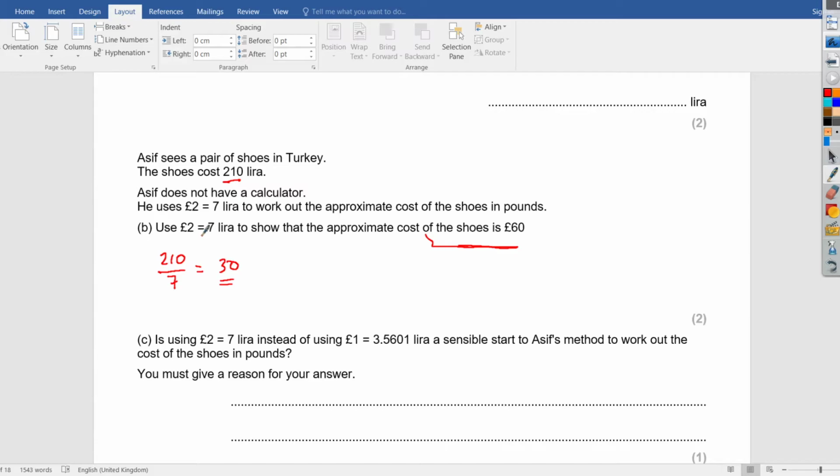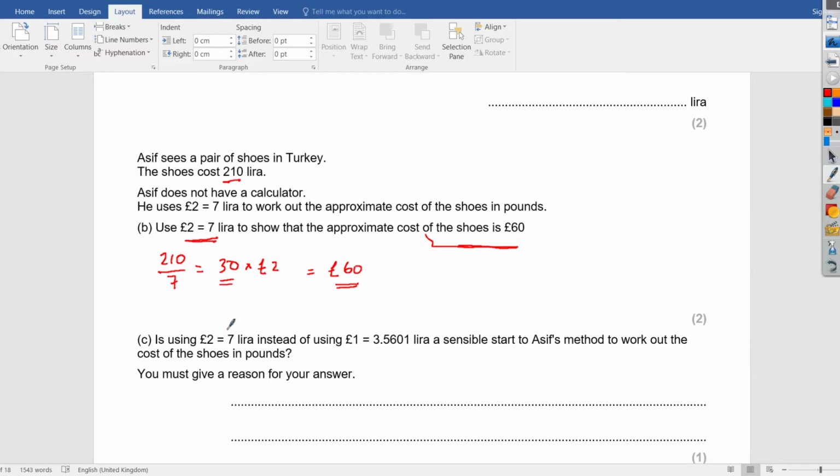Now we know that one of the 7s is worth £2, so we've got 30 lots of 7. So we must times that by £2. We've got 30 lots of 7s, and 7 is worth £2, so multiply that by 2, and that will give me 30 times 2 is 60. That will show the shoes are approximately £60 as required.